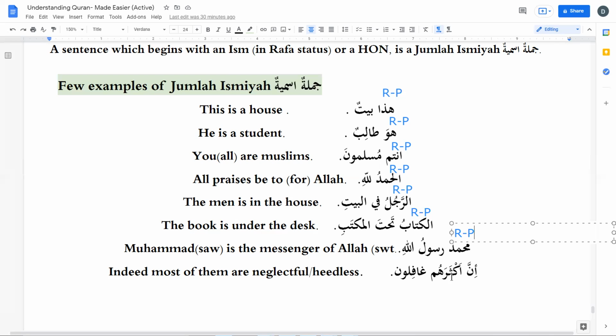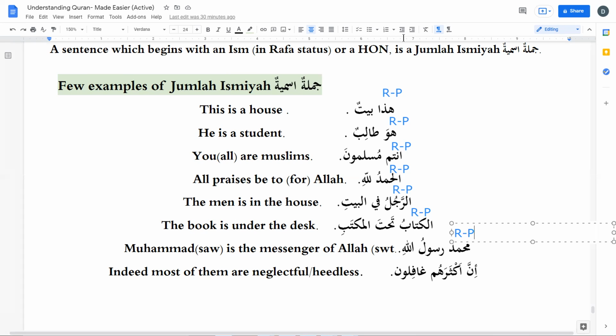Jumlah Ismiyah, an example of Jumlah Ismiyah starting with harf of nasb. So in that, inna is harf, but aksara is ism. Okay, but because of this inna, this is nasb.